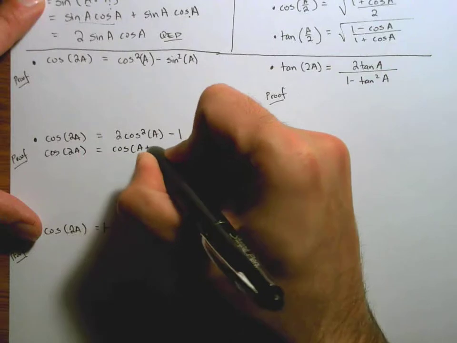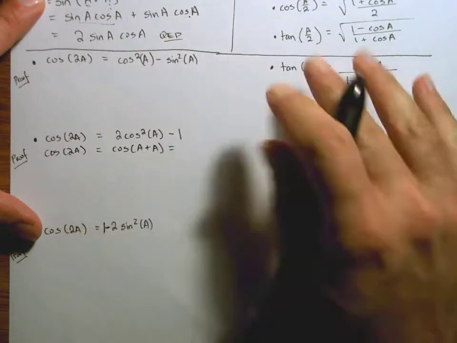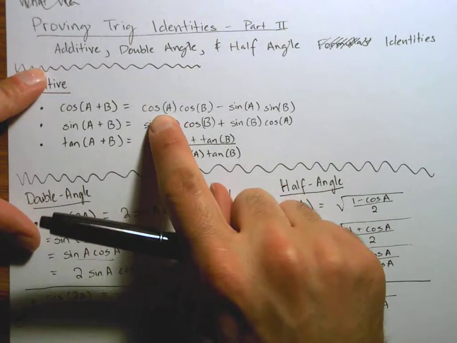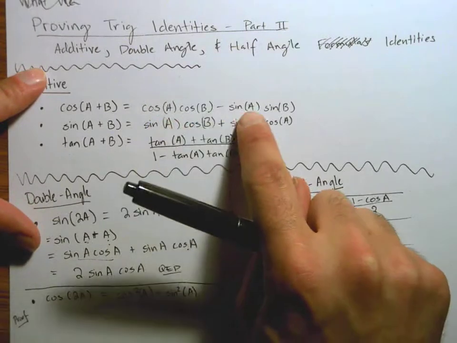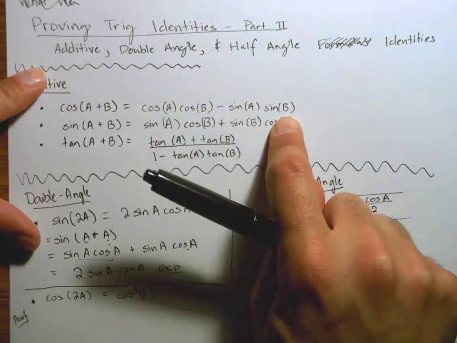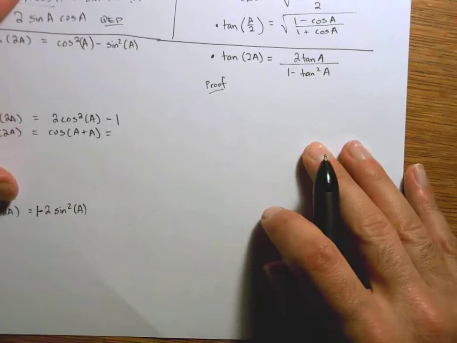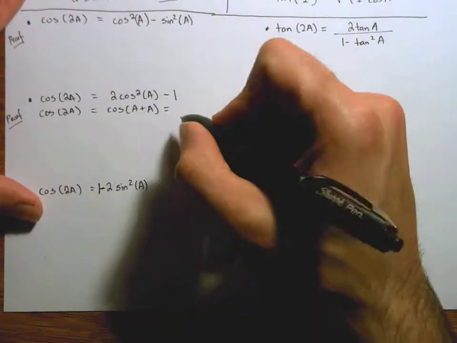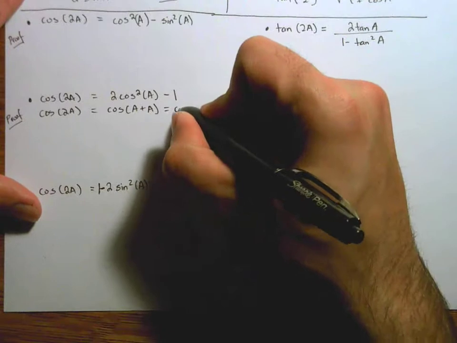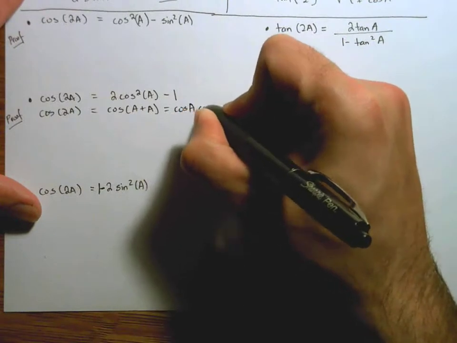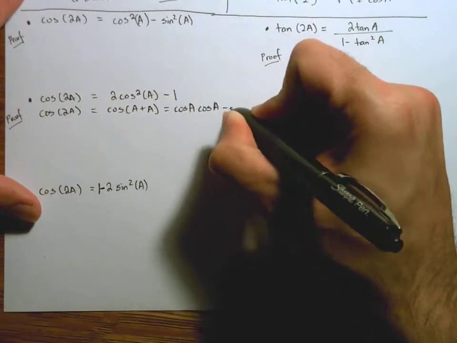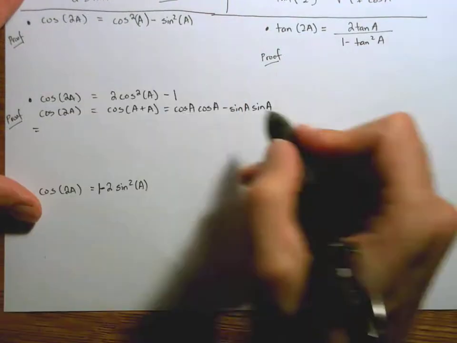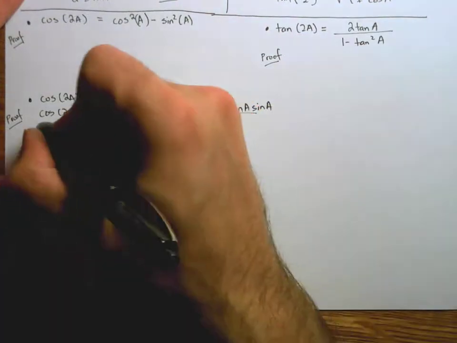So I know that by the identity I can rewrite this as cosine a cosine a minus sine a sine a, which to simplify is simply cosine squared a minus sine squared a.